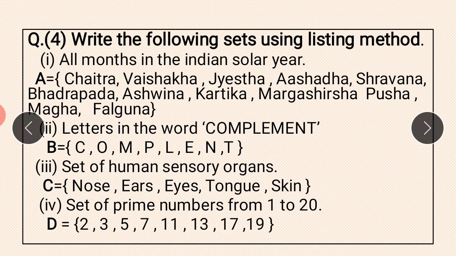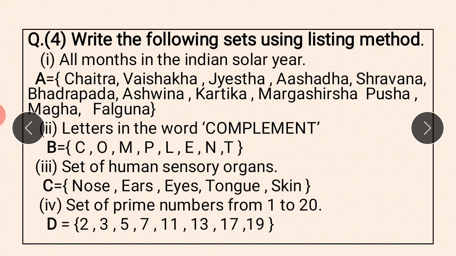You separate these letters by commas and write down each letter only once: C, O, M, P, L, E, N, T, curly bracket complete. Understood this one? Letters in the word complement. Don't write the repeated letters. Which letter is repeated in this? E. So don't write this again.